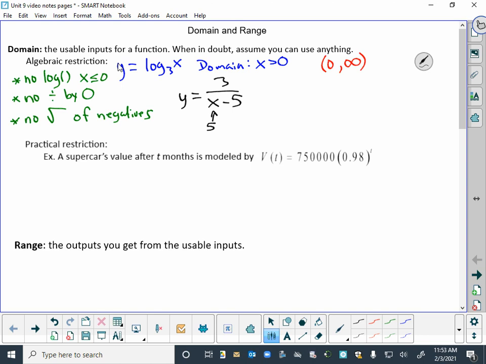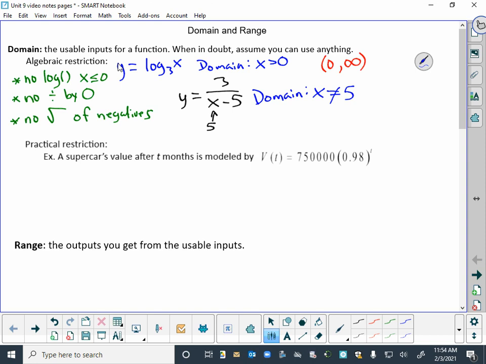Any other number I put in for the x, when I subtract 5 from it, I'm not going to end up with a 0, so any other number should be fine. And so my domain on this one, a way to communicate that would be to say that x cannot be equal to 5.